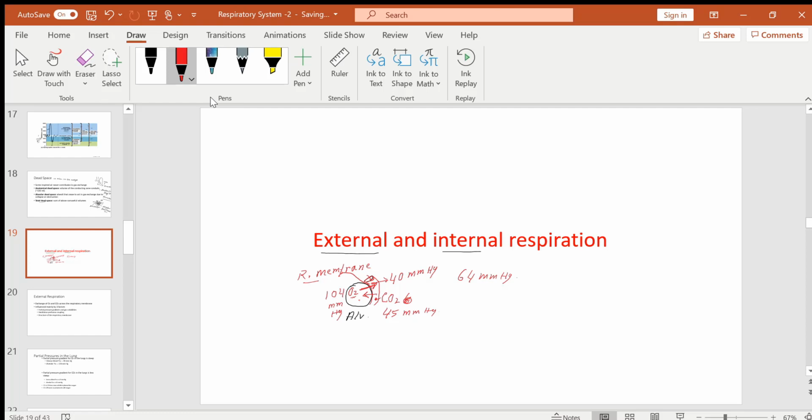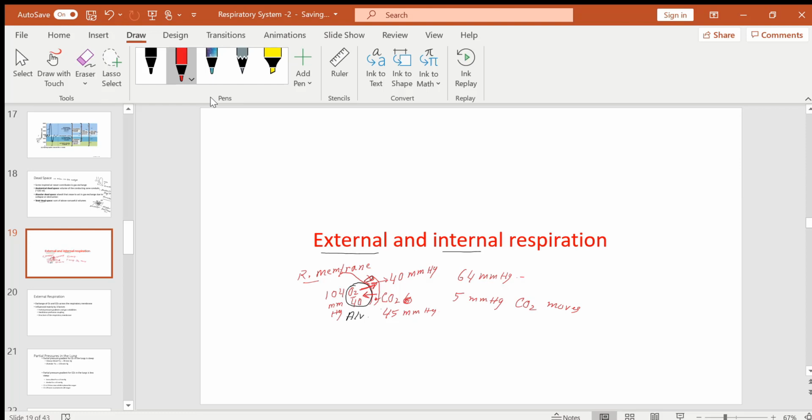So difference is what? 5. 45 is in the blood and 40 in the alveolus. So due to that 5 millimeter of mercury difference, carbon dioxide will move, and due to 64 millimeter of mercury, oxygen moves.